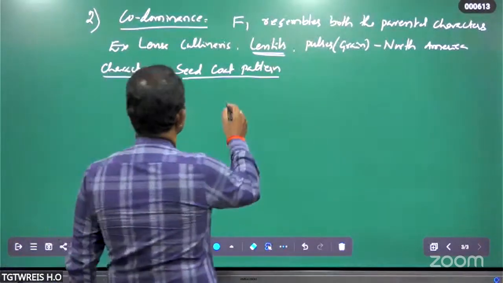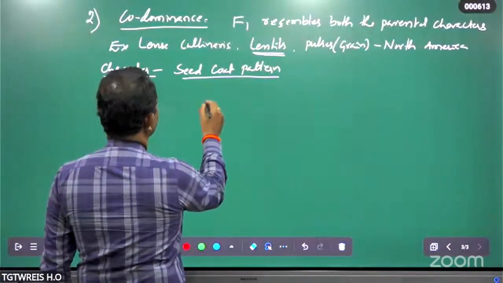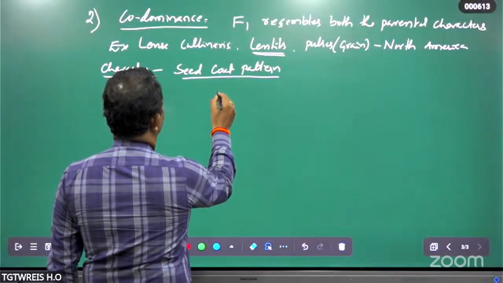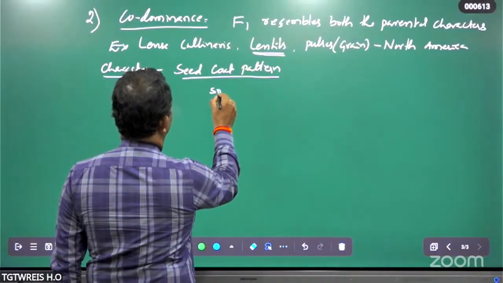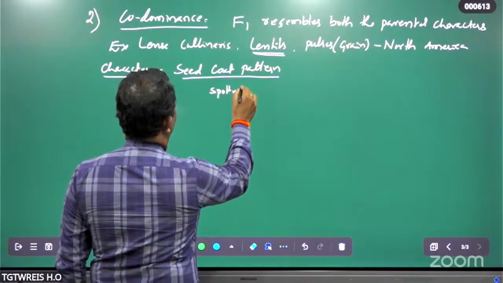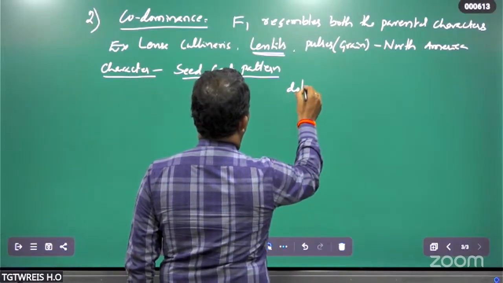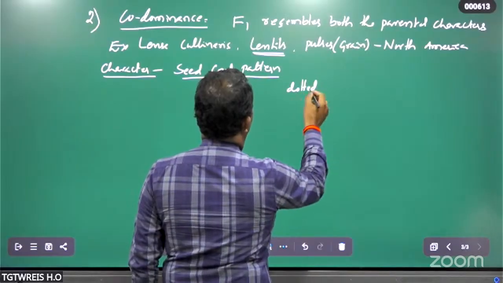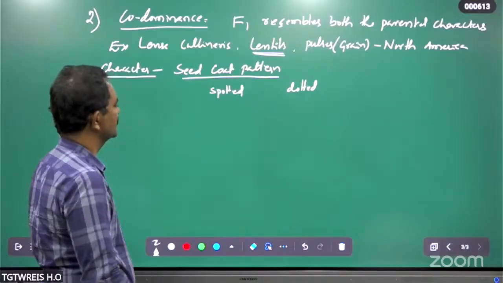Right. So here, for example, spotted seeds are crossed with dotted seeds.